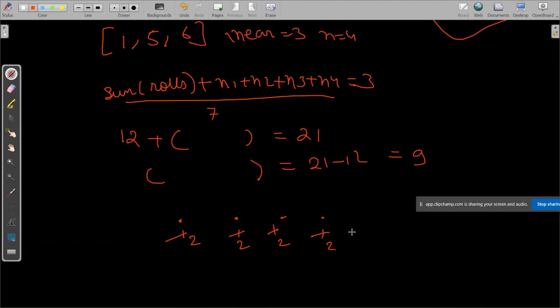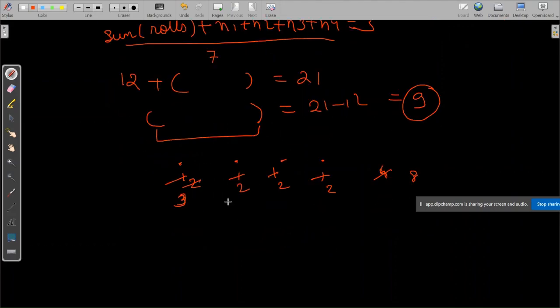When I gave 1, 1, 1, my sum became 4. When I gave 2, 2, 2, my sum became 8. Now 1 is left, so I will give that to the first person. That means 3. This is how I can distribute these nines among these elements.